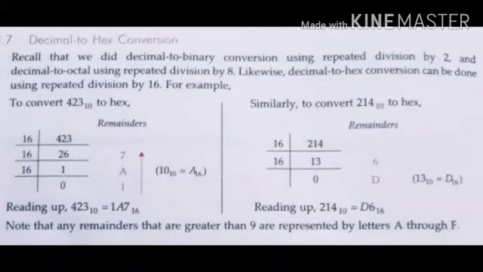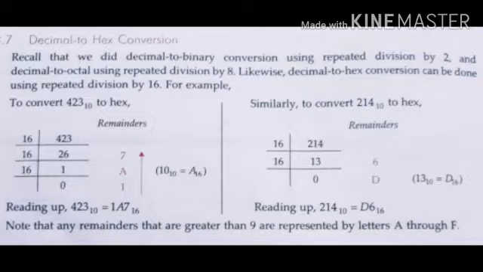Hexa means 16. The way we have converted a decimal number into octal or binary numbers, very similarly we are going to convert a decimal number into a hexadecimal number. Hexadecimal means 16, so this time a decimal number will be divided by 16 continuously till we get the last remainder 0, and the downmost digit will be your most significant digit.